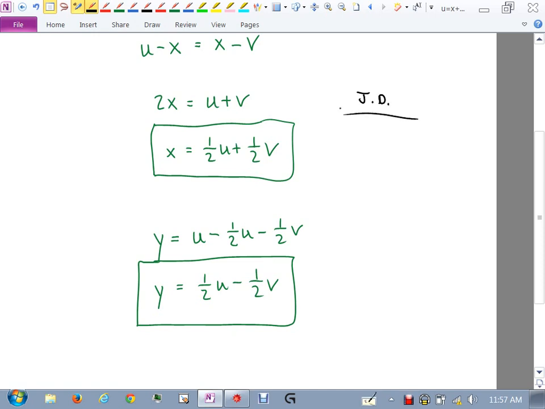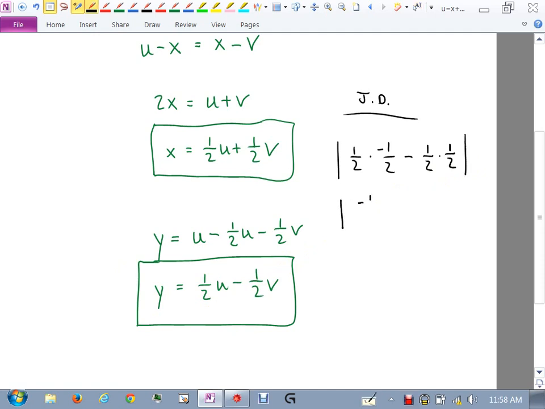So the Jacobian determinant will be the absolute value of partial of x with respect to u, 1/2, times partial of y with respect to v, so negative 1/2, then minus partial x with respect to v, 1/2, times partial y with respect to u, which will be 1/2.